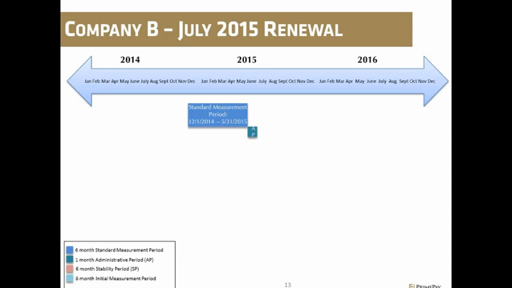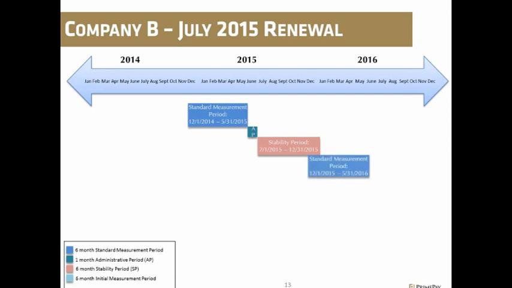Again, now we're only using 6 months instead of 12 months, but at the end of the measurement period, the administrative period still ensues. It's still the same evaluation. After that, the stability period would begin, and the stability period is also 6 months. It would run from July 1st, which is again at the health renewal, and run through the end of the year.